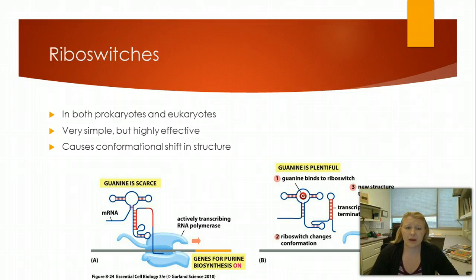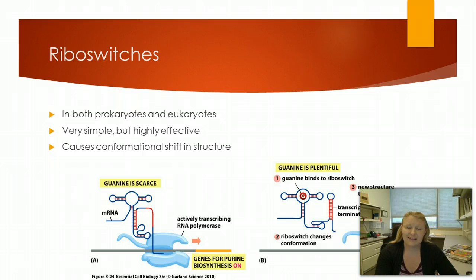The first of these are those riboswitches. There's this extra segment of RNA that's bound to the mRNA. When there is a small molecule bound, in this example guanine, when it's bound to this sequence, the ribosome can't bind, or in this picture, the polymerase won't bind to make more of the gene.